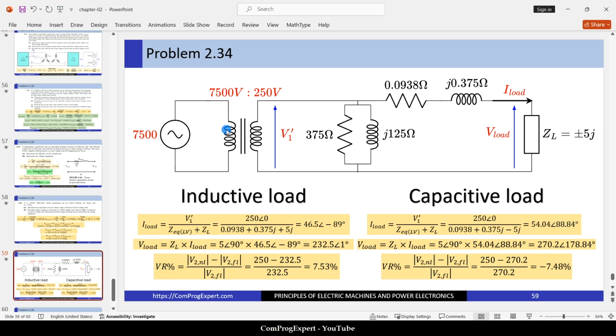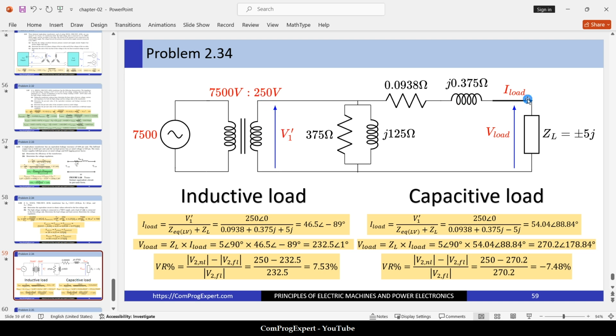So here, when we connect this voltage source to the primary, the value of V1 prime, the voltage referred to the secondary, is 250.